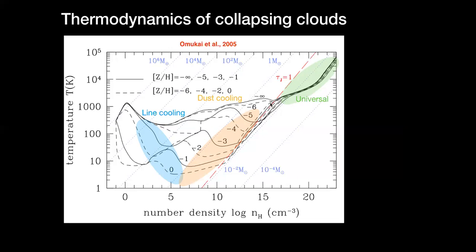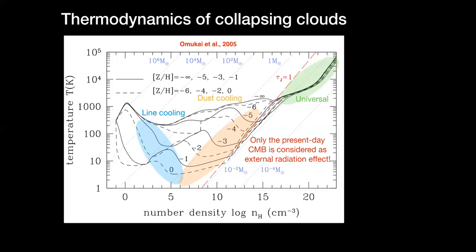But once they find themselves in the adiabatic phase of collapse, the trend is almost universal. It's really hard to determine which path belongs to which metal content. So the universal trend is in the adiabatic phase. But before that, it's possible to determine what kind of metal contents are there.